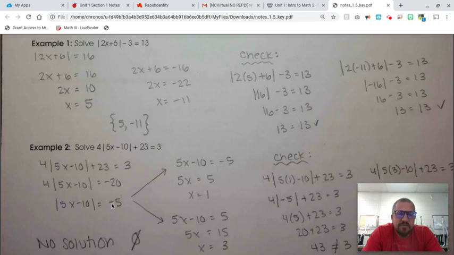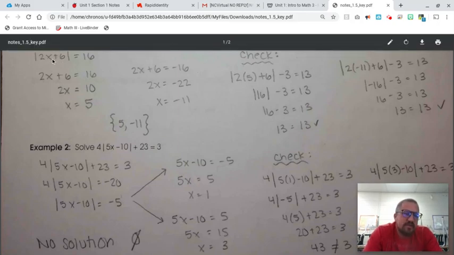That's not possible. So when you've isolated the absolute value by itself, like we did in number 1 and like we've done here in number 2, it must be equal to a positive number, right? Not your two answers, but the absolute value must be equal to a positive, like it was in number 1. Here we have the absolute value equal to a negative. It's equal to negative 5.